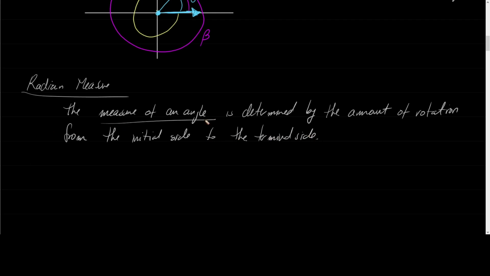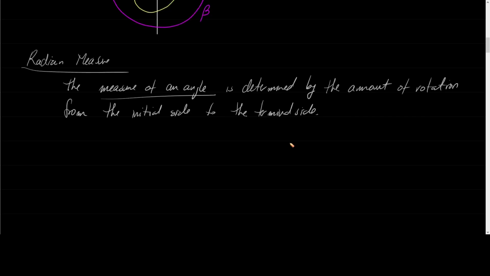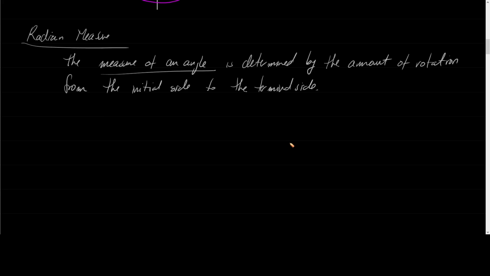In general, that's the technical definition of the measure of an angle. It is the amount of rotation from the initial side to the terminal side.